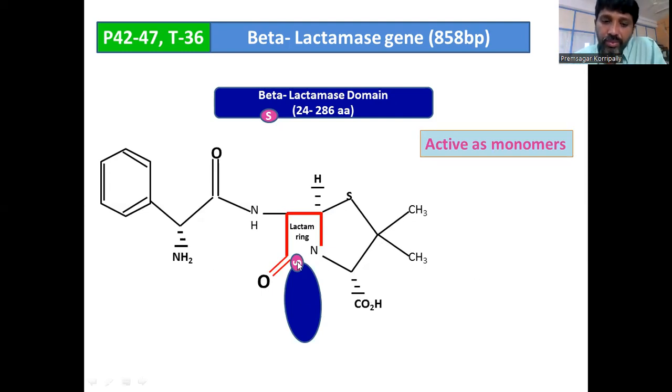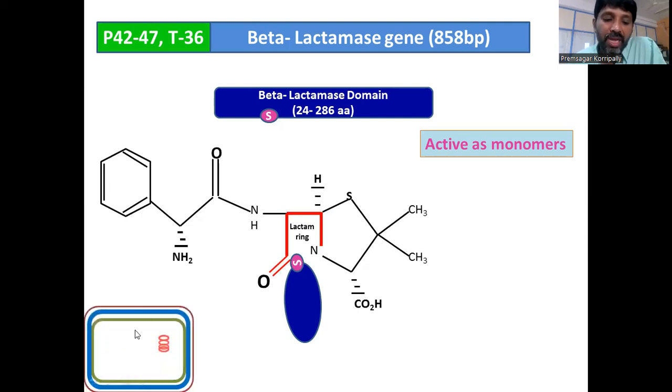So here you see, whenever you transform the bacteria with a plasmid consisting of a beta-lactamase gene, then if you grow that bacteria in the presence of penicillin, the bacterial plasmid with the beta-lactamase can produce the beta-lactamase.